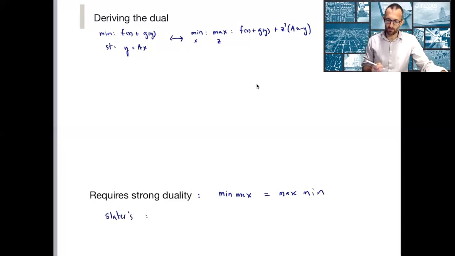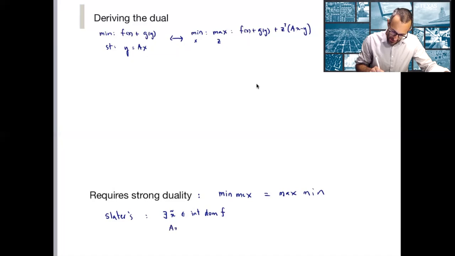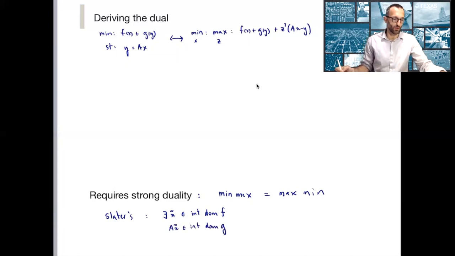Slater's condition says that there exists some x tilde, not the optimal x hat, that's an element in the interior of the domain of f, and so that A x tilde is in the interior of the domain of g. So those are the properties that we need.